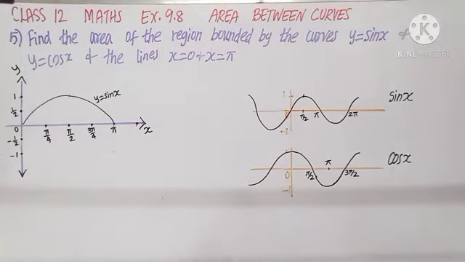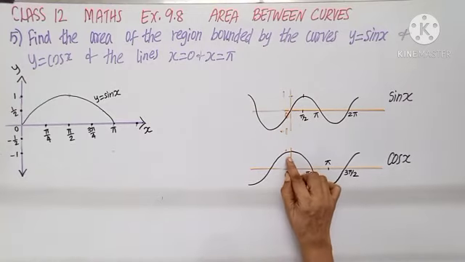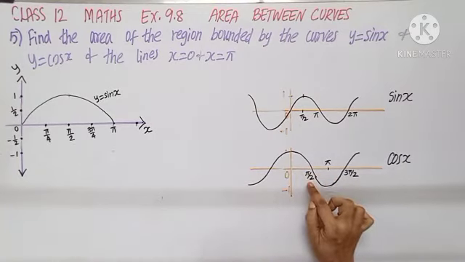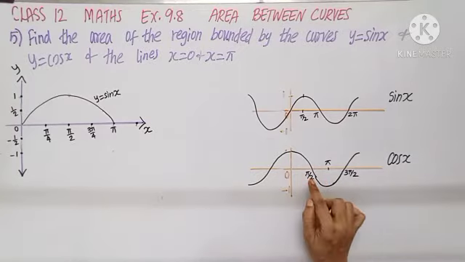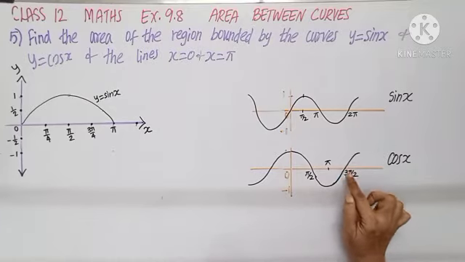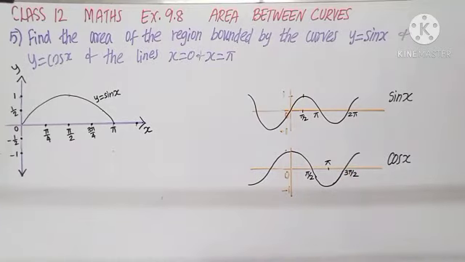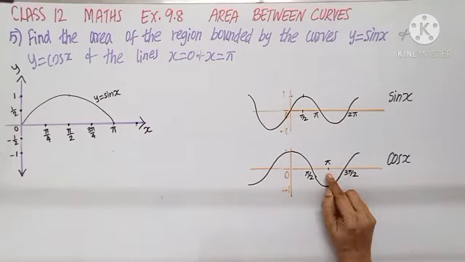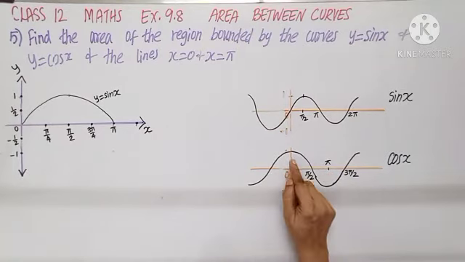You have the other curve, cos x. Cos 0 is 1 and cos pi by 2 is 0. So the arch comes from 1 down to 0, and then at 3 pi by 2 it is again 0. But my question is only up to pi. So how should I draw?